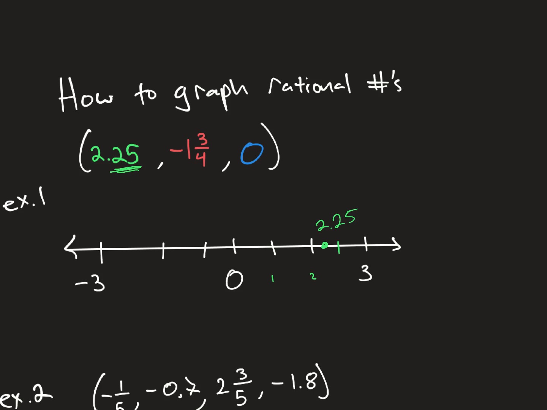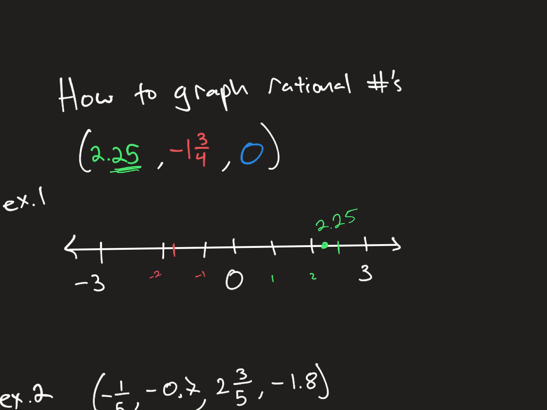Now on to negative 1 and 3/4. 1 and 3/4 is closer to a whole, and negative 1 would be there. Negative 1 and 3/4 would be about there because it's closer to negative 2.